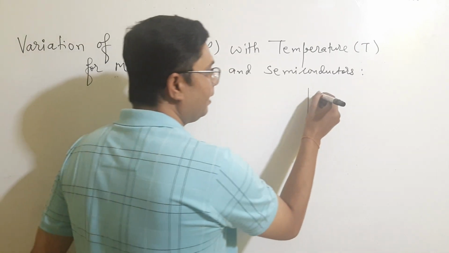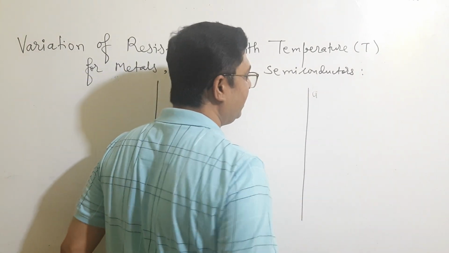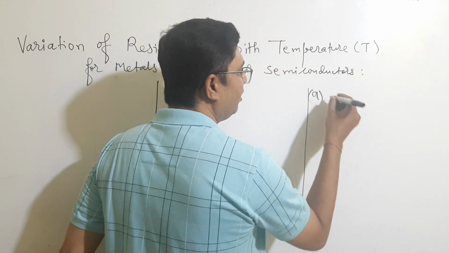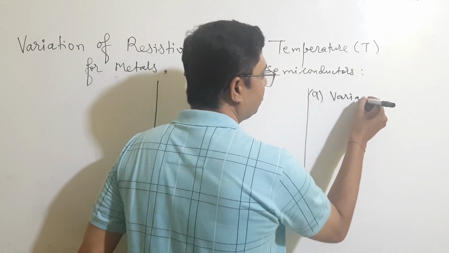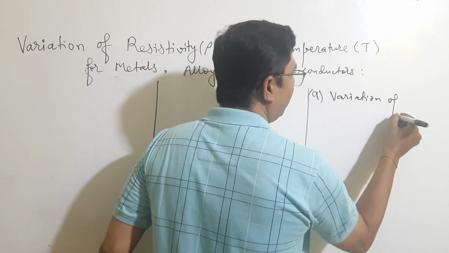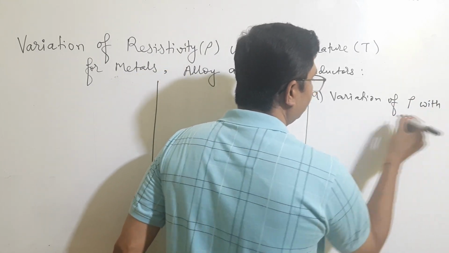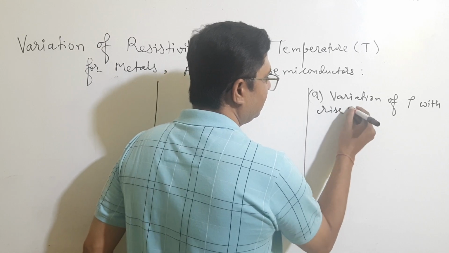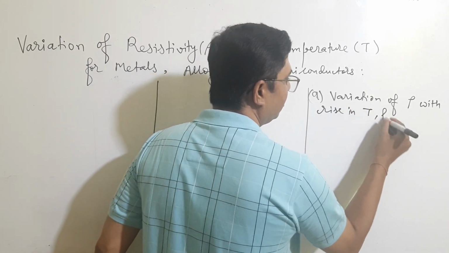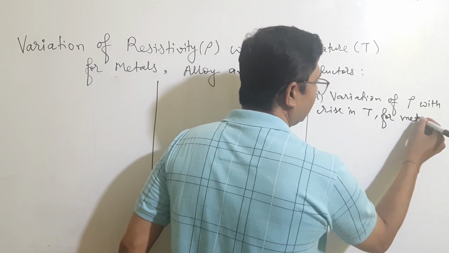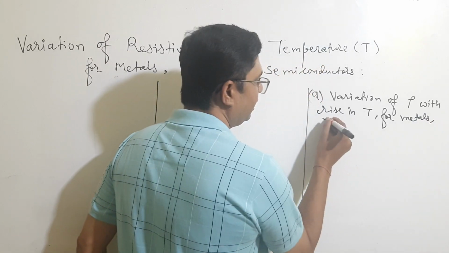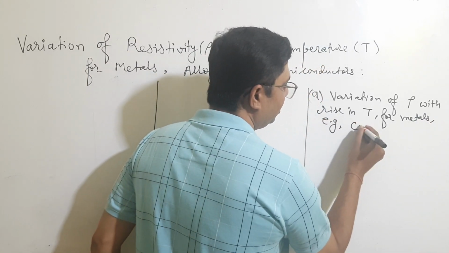Number A, first is variation of rho with rise in temperature for metals. Example, Cu, copper.